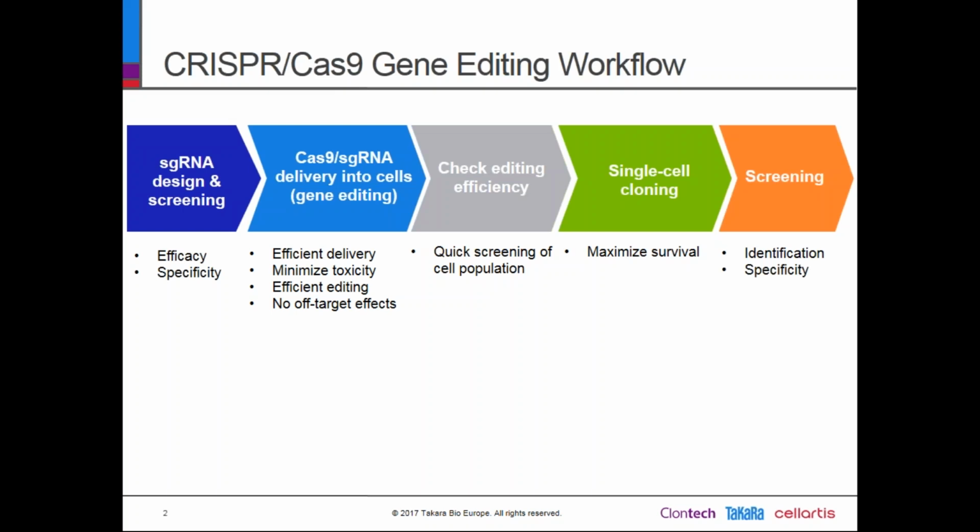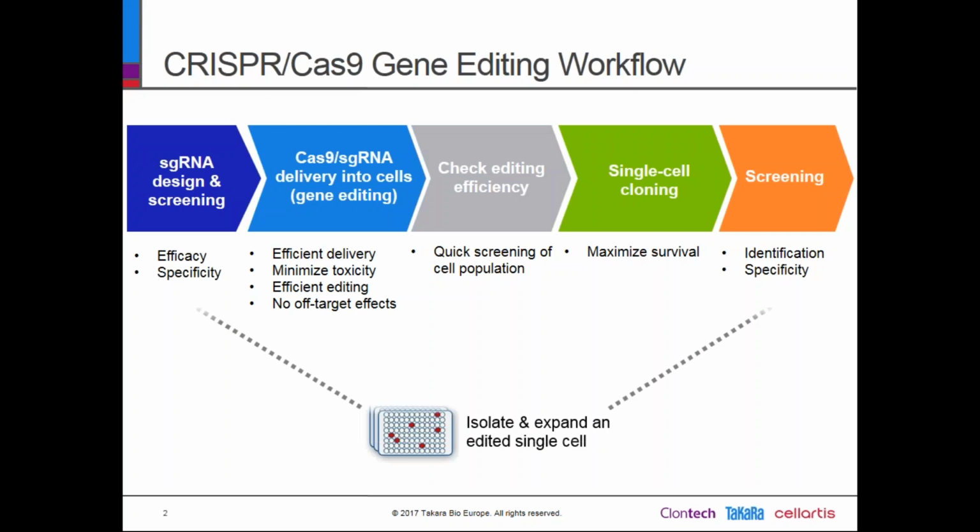And then last but not least, you can screen your single clones to identify those that carry the desired mutation, and you might also wish to screen for off-target effects to check the specificity of your gene editing event. And then you will end up and isolate and expand an edited single cell.